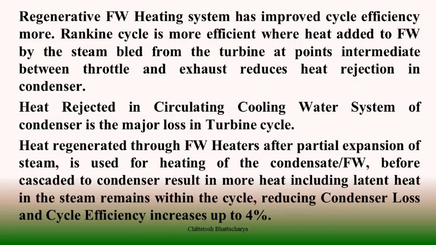The heat regenerated through the feed water heaters after partial expansion of the steam is used for heating the condensate or feed water, and when this heat is transferred, the condensate is cascaded back to the condenser. That results in more heat within the steam water circuit, including latent heat in the steam that remains within the cycle, which otherwise could have been lost in the CW system.